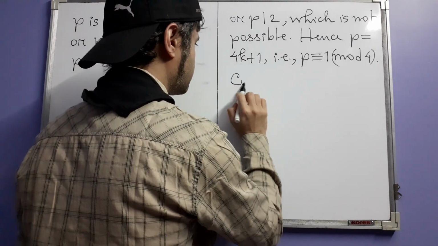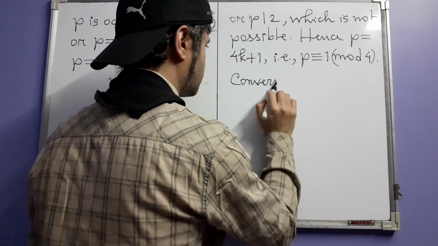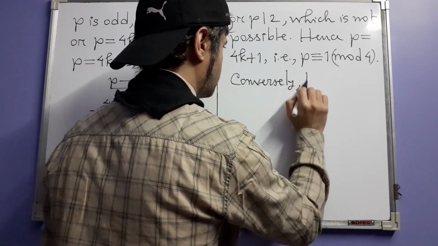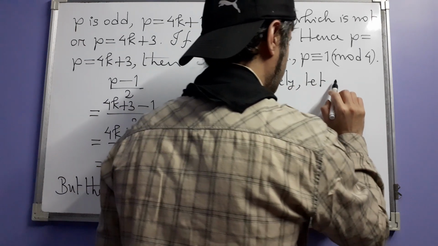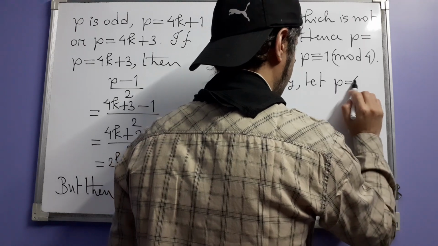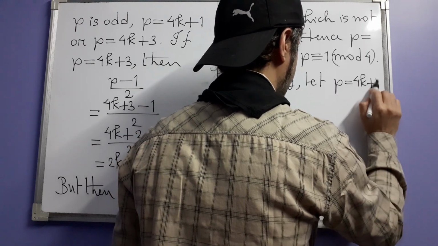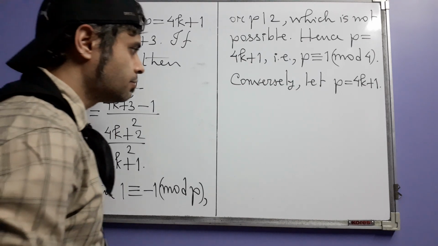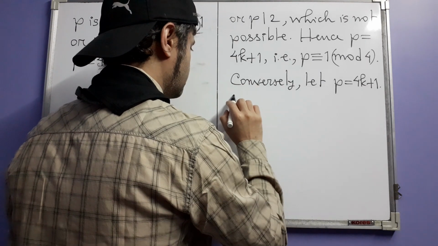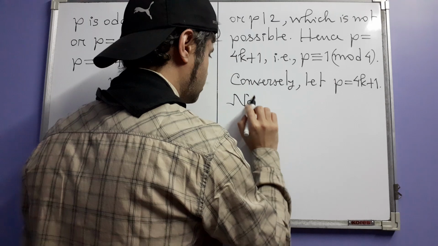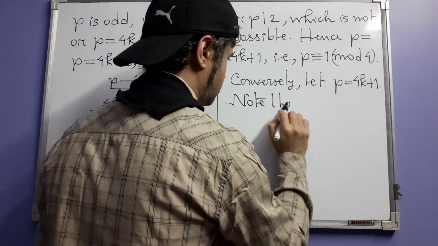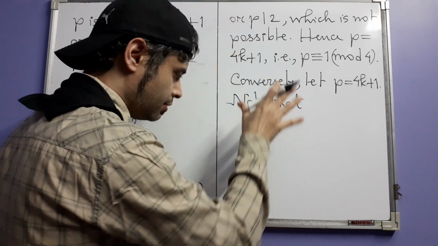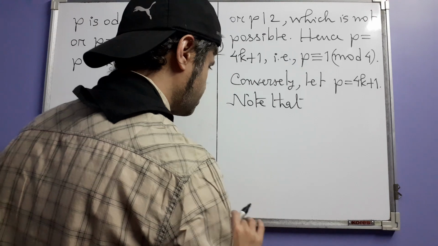Conversely, let p be equal to 4k plus 1 for some integer k. Alright. Now note that we have these congruences.